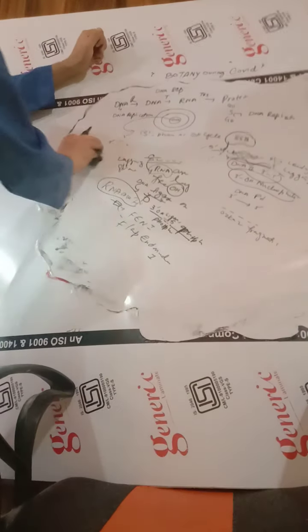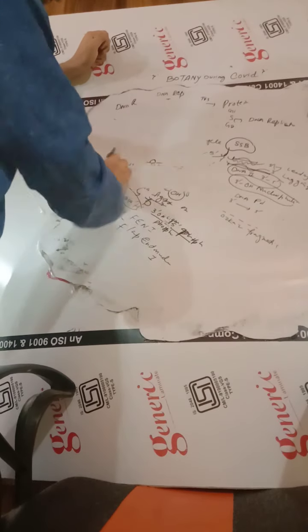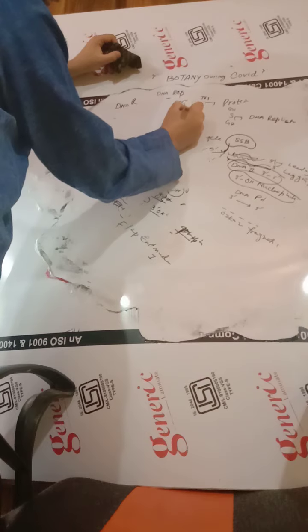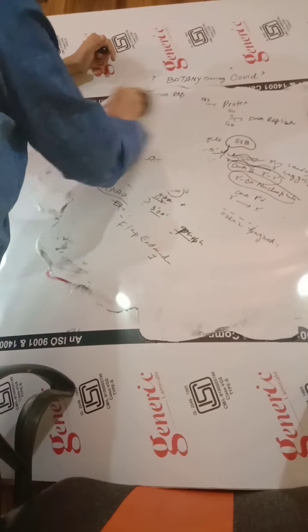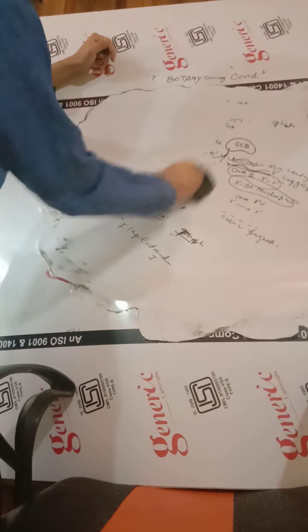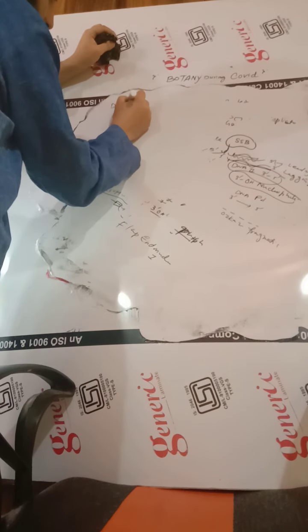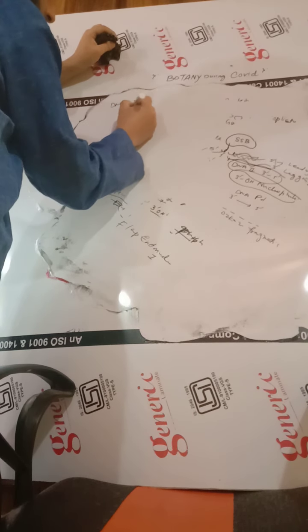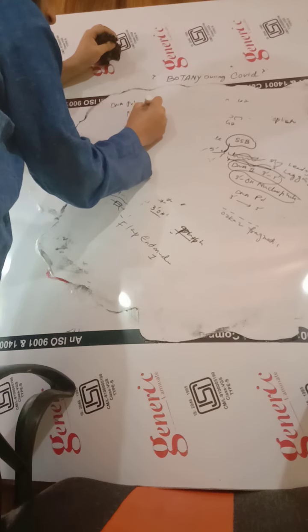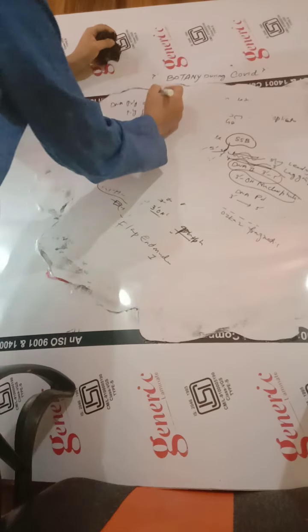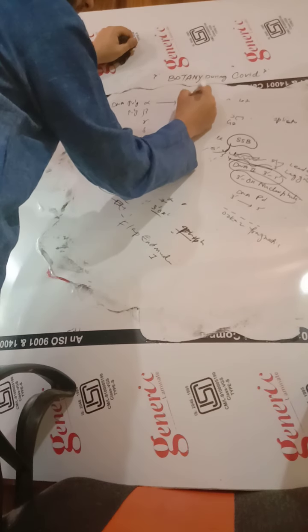But in eukaryotes, we will not find DNA polymerase I, II and III. Instead there are enzymes like this. In eukaryotes, there are DNA polymerase alpha, beta, gamma, delta and epsilon. The function of alpha is priming.